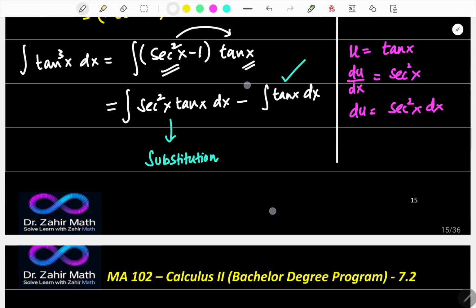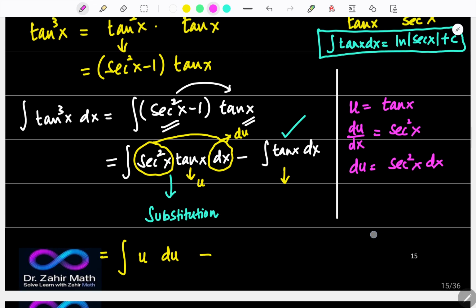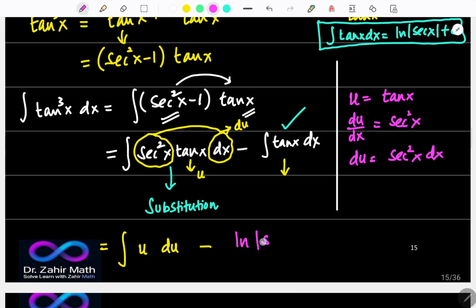So this equals integral secant square x dx. So this part, secant square x and dx, will go as what? du. And this part will go as u. So this is u du minus, and this we have a formula, which is ln in absolute. Whenever ln is there, just put absolute value.